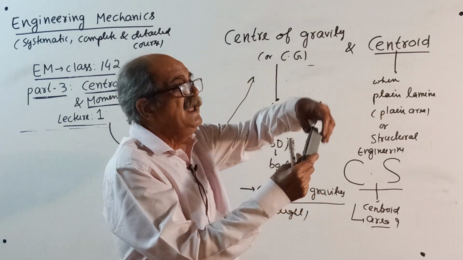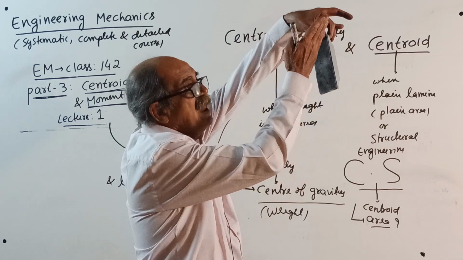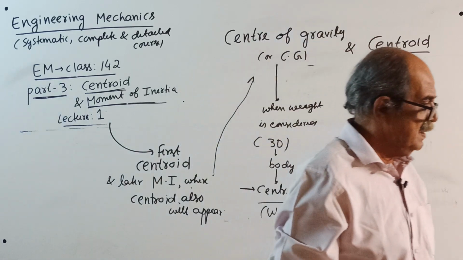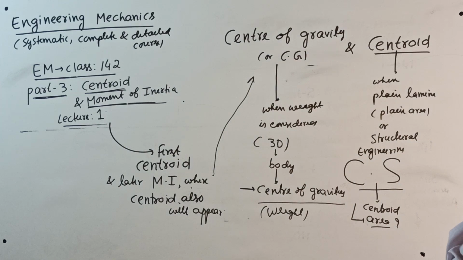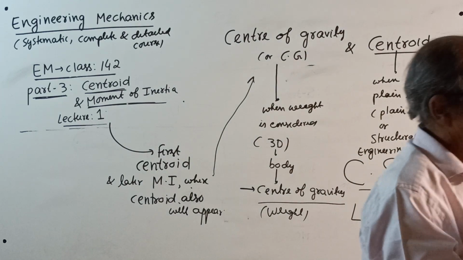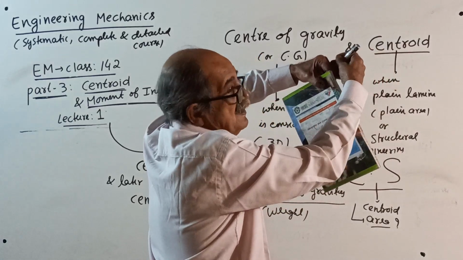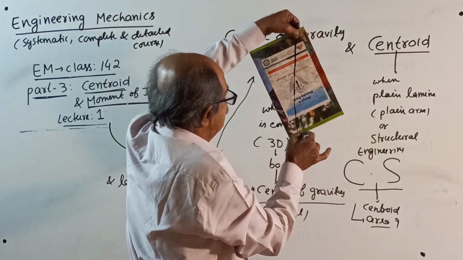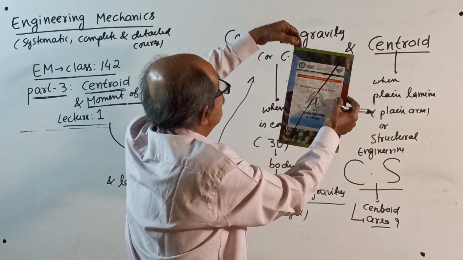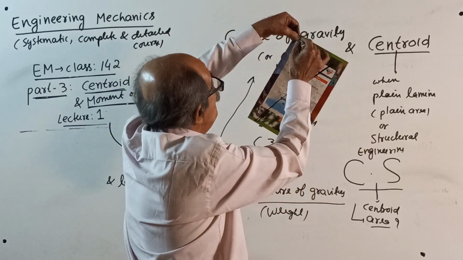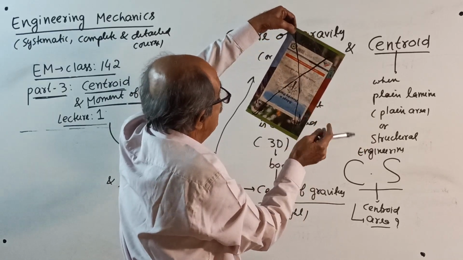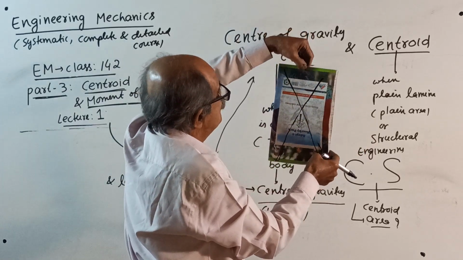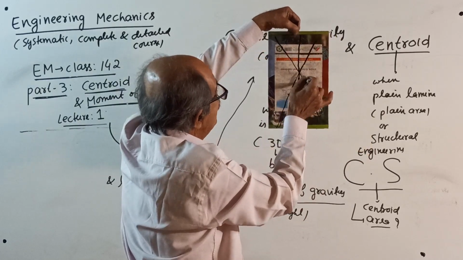See, depending upon suspending, weight will have different lines of action. See here. I'll show you here. See, if I suspend like this, weight will act like this, vertically. If I suspend like this, weight will act like this, vertically down. If I suspend here, see, weight will act like this.